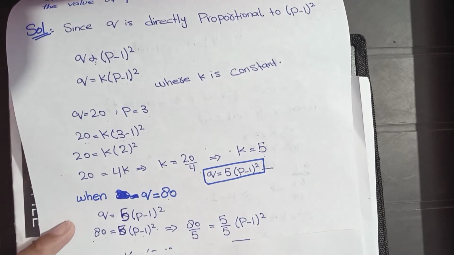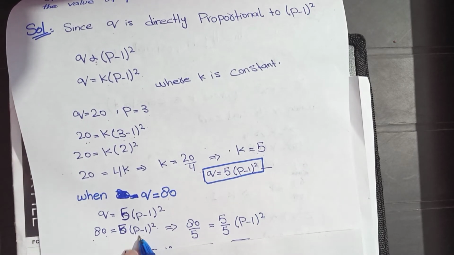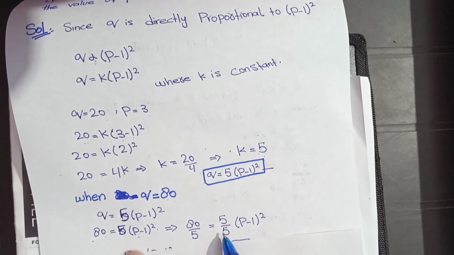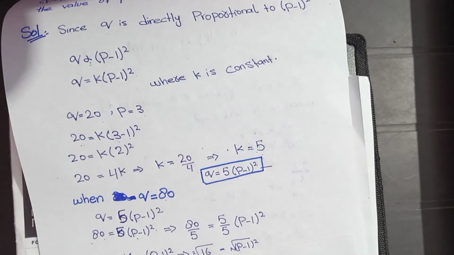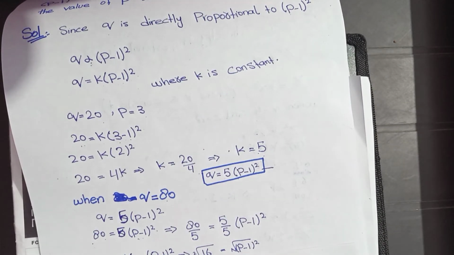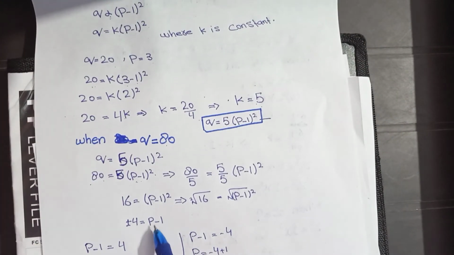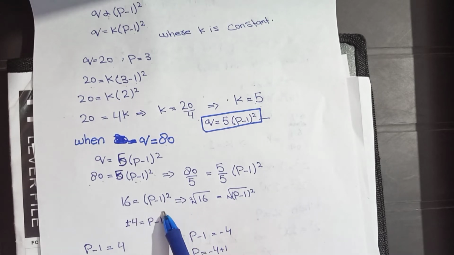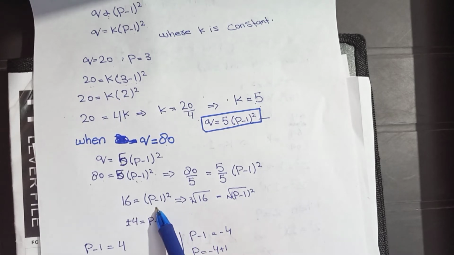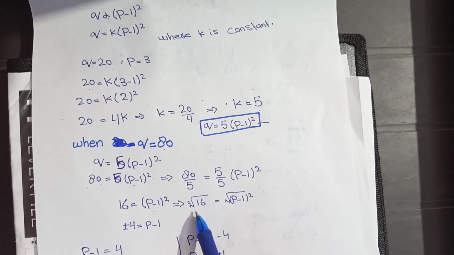Because we have to find the value of p, we divide by 5 on both sides. It will be 16 is equal to p minus 1 whole square. Because here we find the value of p, not p square, that's why we take the square root on both sides.